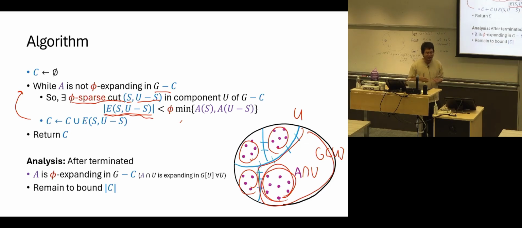At the end we can do it with some approximation in nearly linear time. But right now, checking whether there is a sparse cut exactly is actually NP-hard. Okay, more questions? Good.